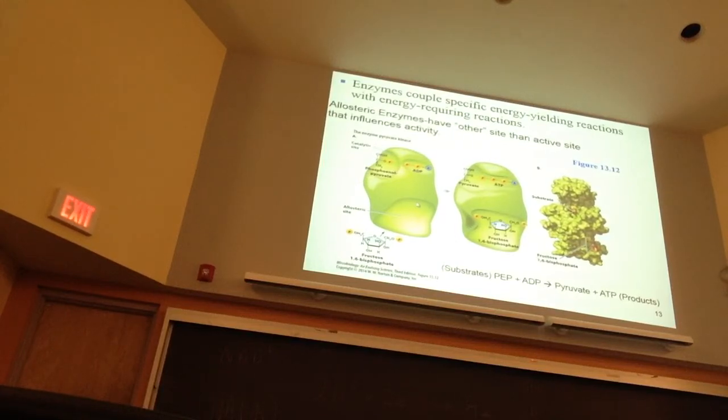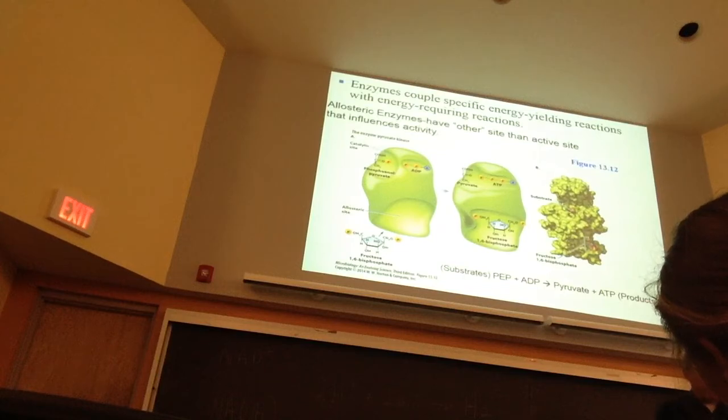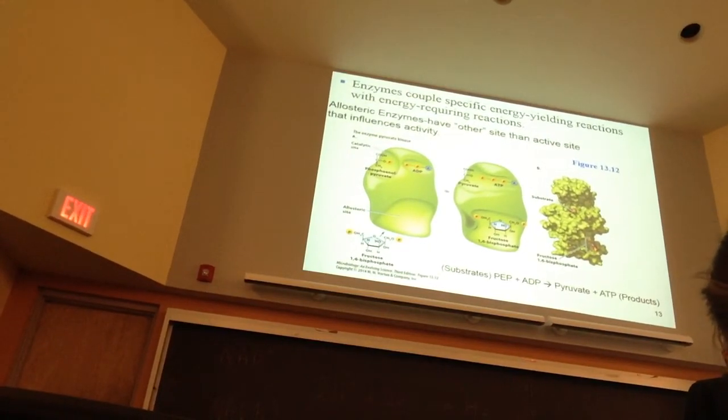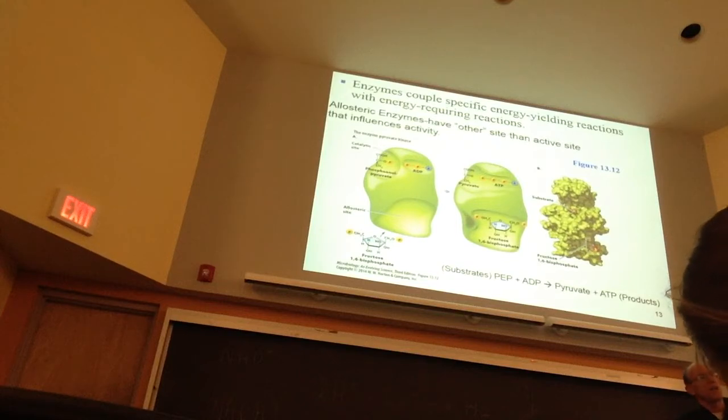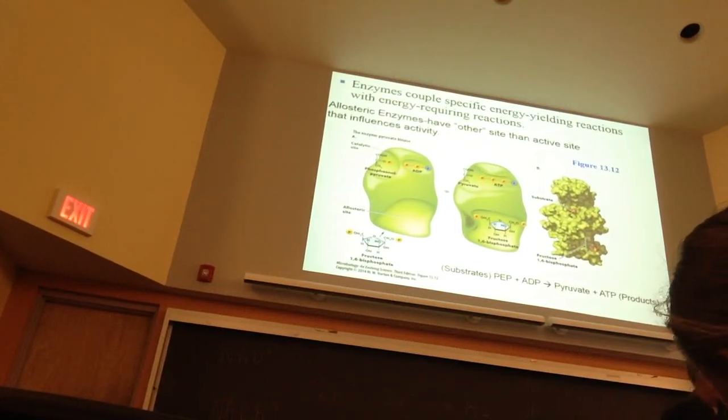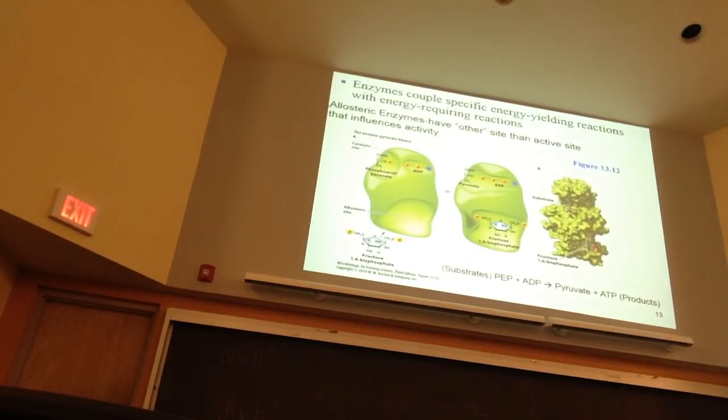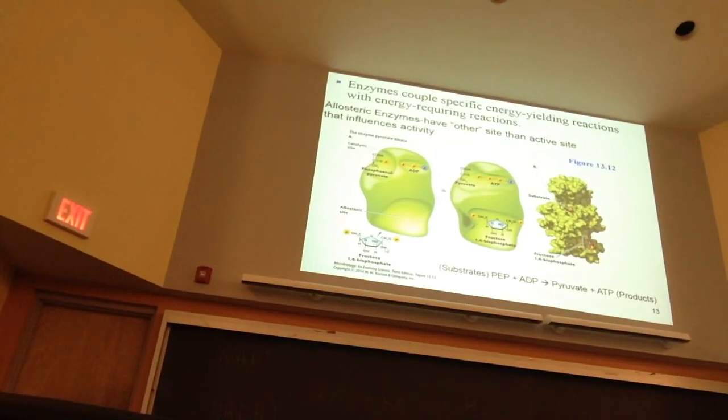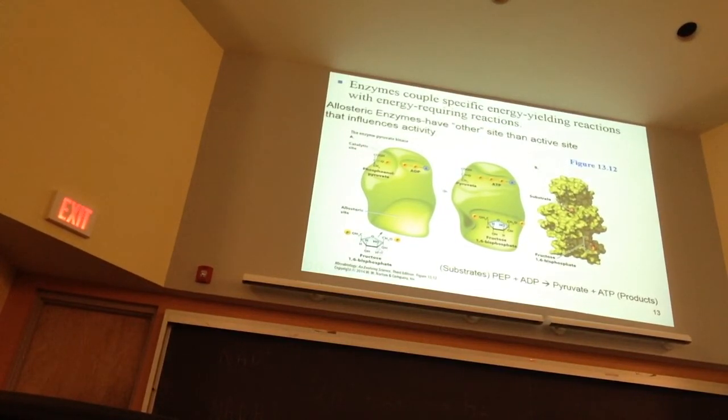But this is a special enzyme, and many enzymes are special like this: many enzymes are allosteric. So they have a binding site for some coenzyme involved in the reaction that helps stimulate this reaction. The coenzyme here, or the cofactor, is probably the better way to describe this, is fructose 1,6-bisphosphate, at this allosteric site. When it binds to that allosteric site, it changes the conformation of the enzyme to then let this reaction go to completion.